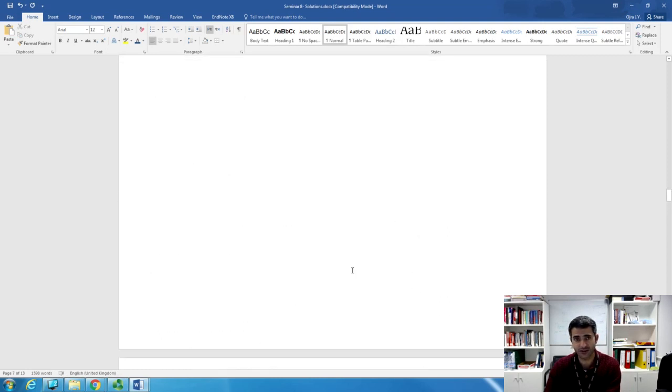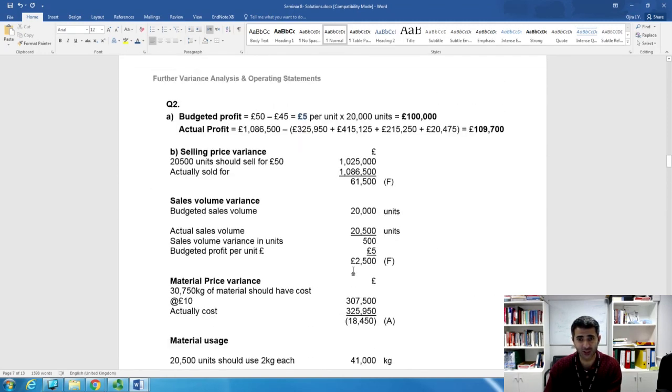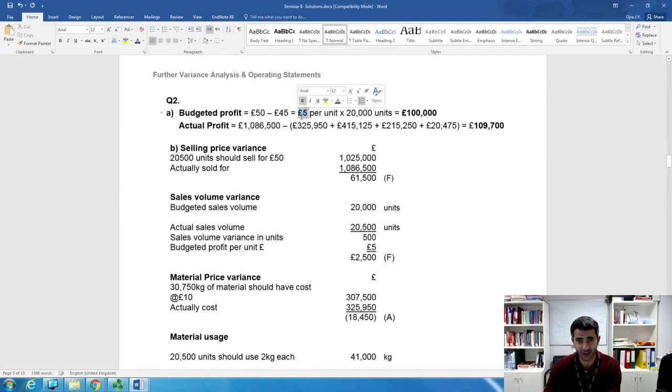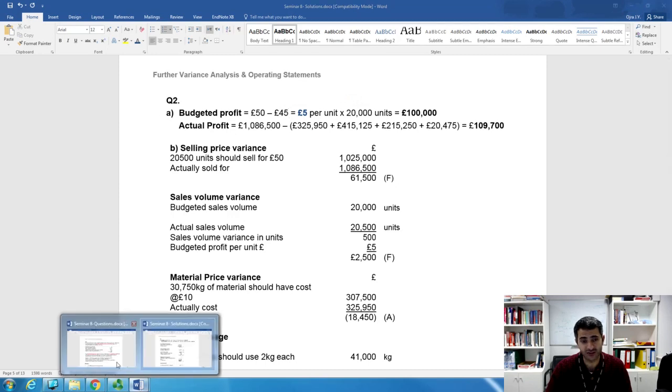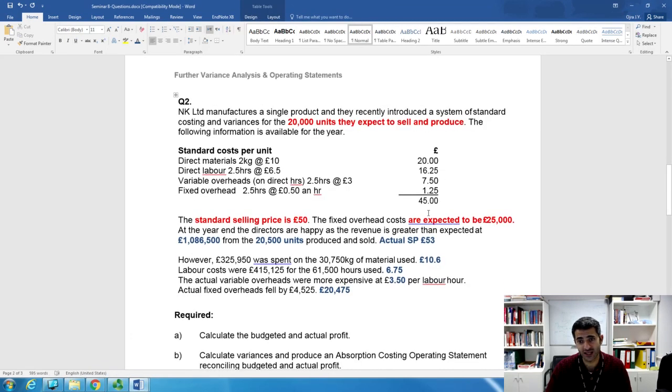And when we calculated, if you go back, you will see that we included all the costs, the £45 under absorption costing. But under variable costing, you need to understand that we do not include the fixed cost per unit. Remember this under marginal costing.